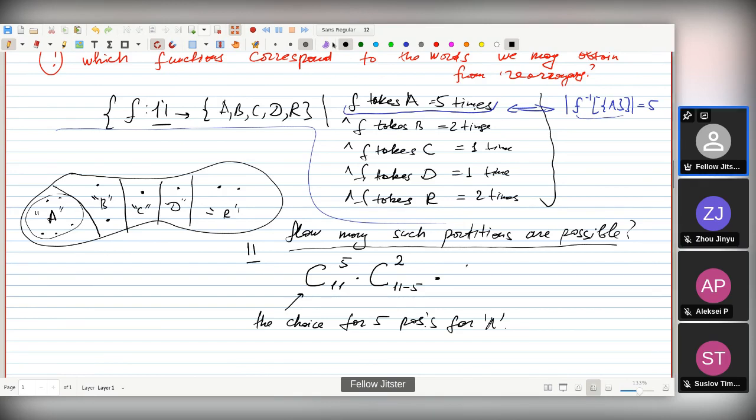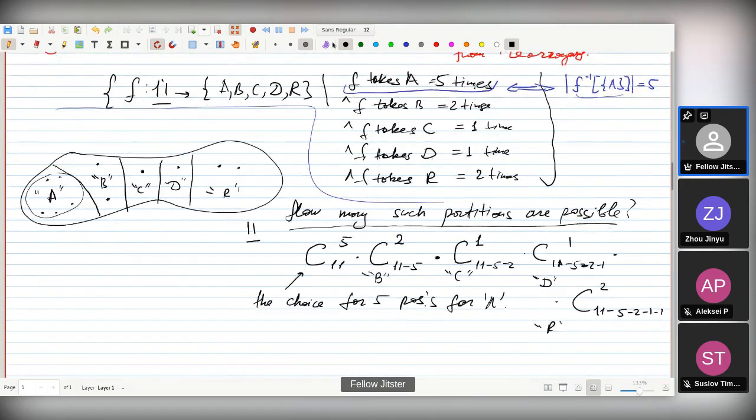What is next? Choose 1 from 11 minus 5 minus 2. This is for C. For D, choose 1 from 11 minus 5 minus 2 minus 1. And what will be the last one? For R, choose 2 from 11 minus 5 minus 2 minus 1 minus 1.